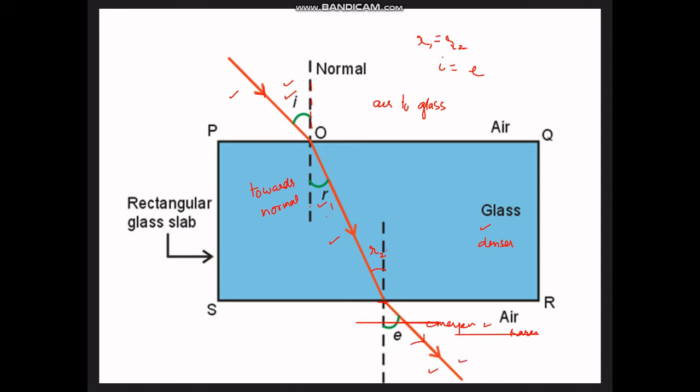It passed through and we got the emergent ray. Now, if you apply the principle of reversibility, then this I and E will be equal. This implies that the emergent ray and the incident ray are parallel to each other. So, I can say that the incident ray is parallel to the emergent ray.